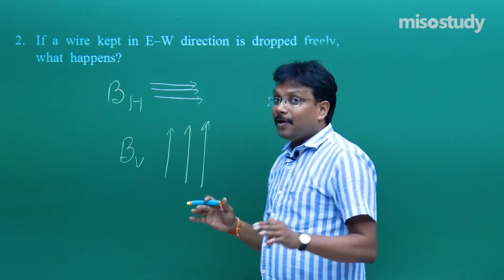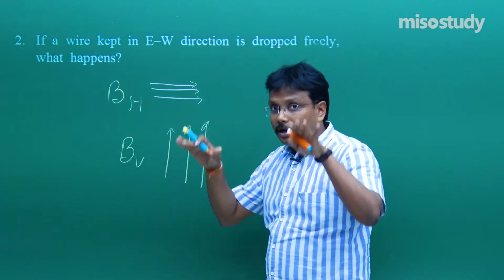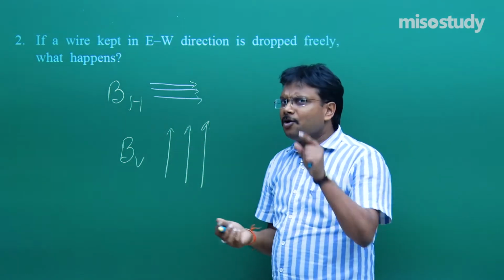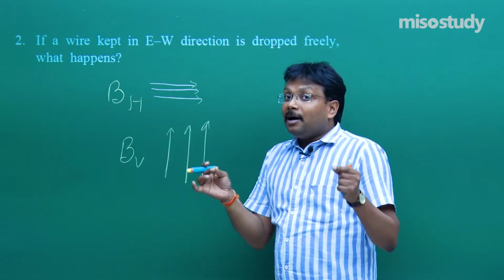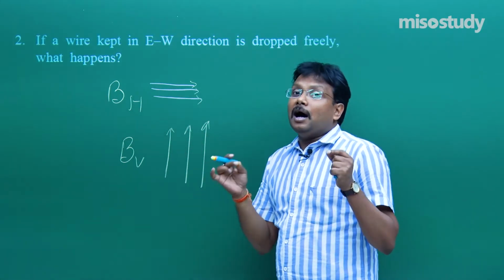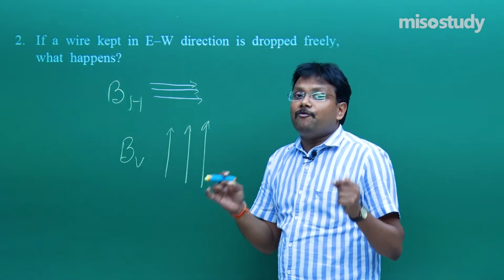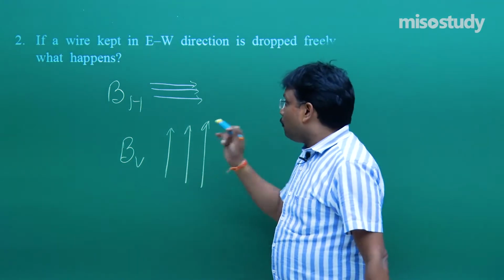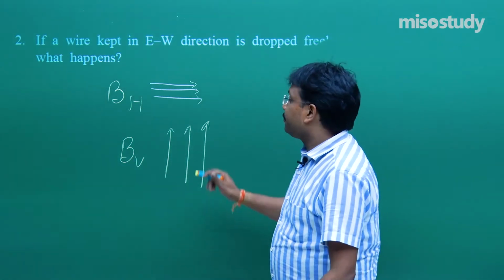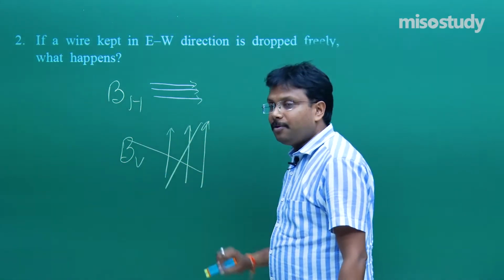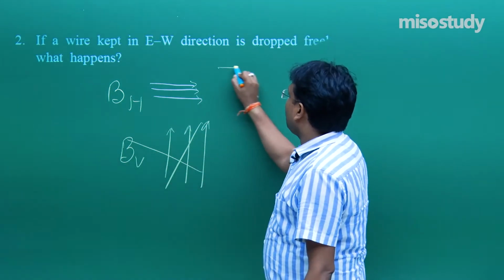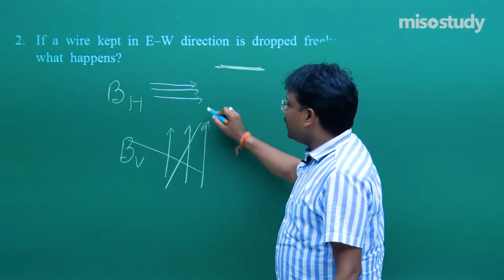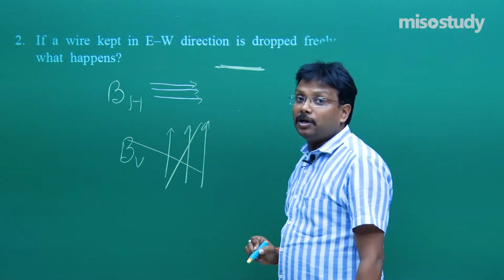Now when the wire starts falling in the east-west direction, the question is what will happen? The answer should be that at the ends of the wire an induced EMF will appear, or a potential difference will develop. Why will the potential difference develop? Not because of BV but because of BH, because when the wire falls, it will cut these horizontal lines.